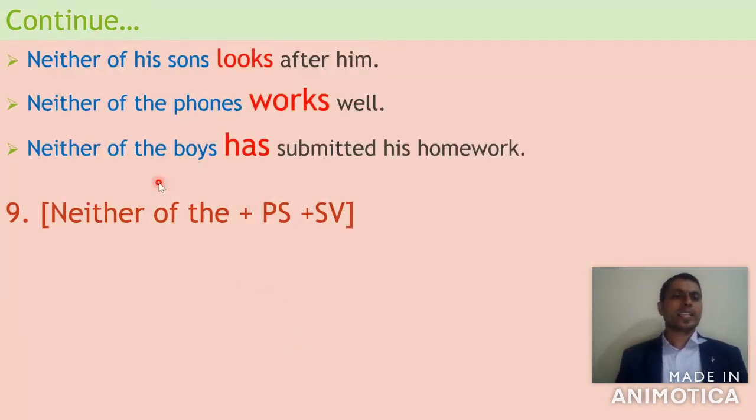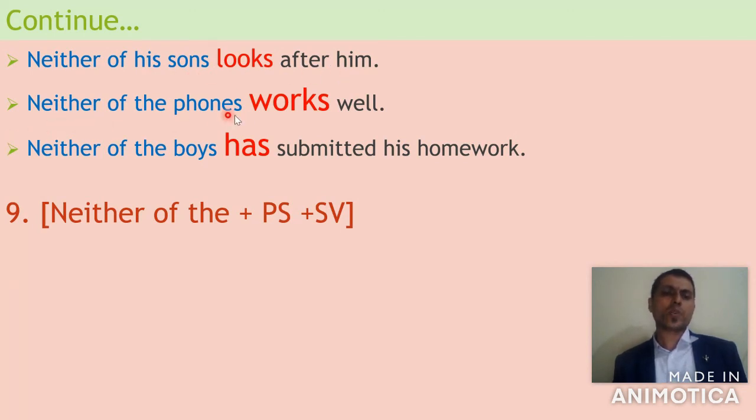Now look at the next one here, other example sentences. Neither of his sons looks after him, neither of the phones works well, neither of the boys has submitted his homework. Here, neither of his sons, maybe two sons, neither of these two sons looks after him.